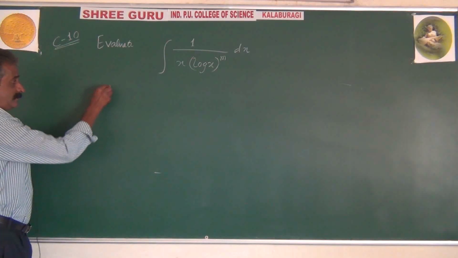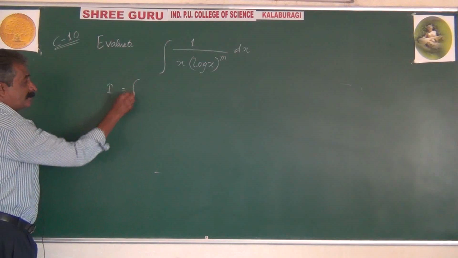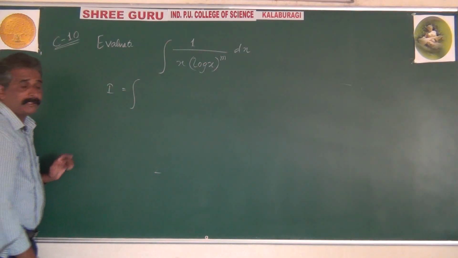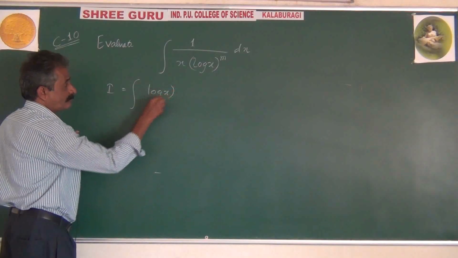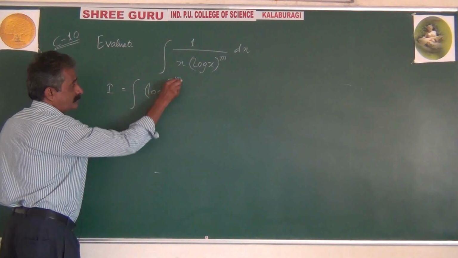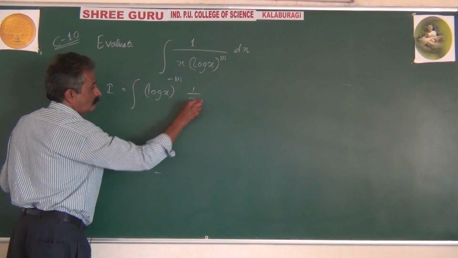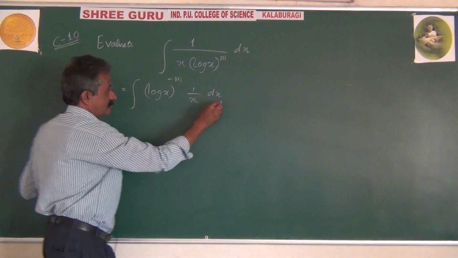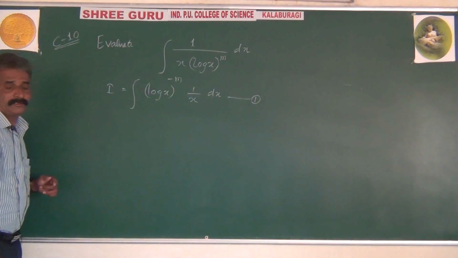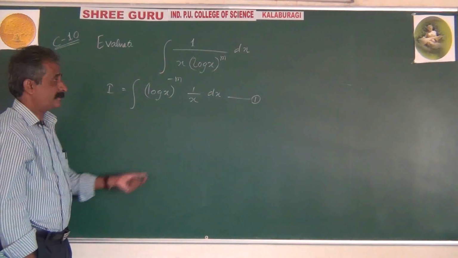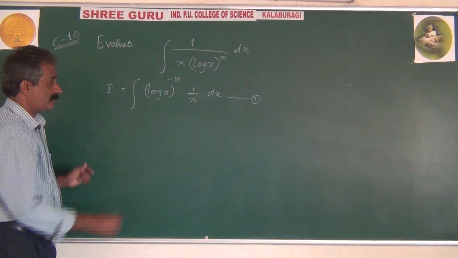First step, take I, and we can rewrite the given problem in our convenient manner as log x to the power of minus m at numerator position into 1 divided by x. And easily we can expect that we have to put for log x.